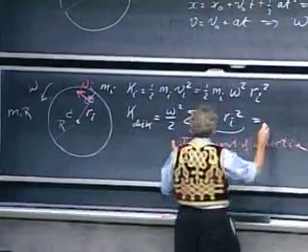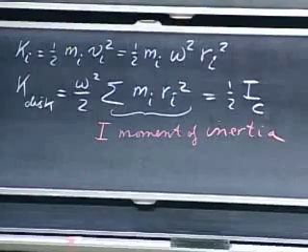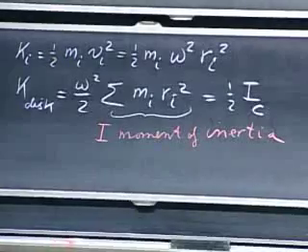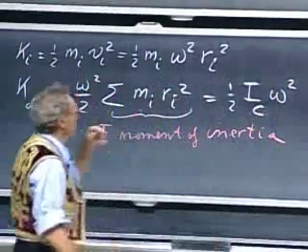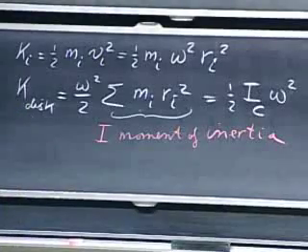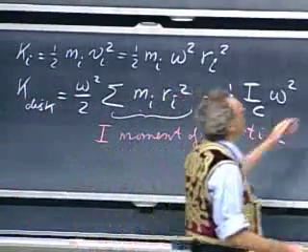So this can also be written as 1/2 I, and I put a C there, you will see shortly why, because the moment of inertia depends on which axis of rotation I choose, times omega squared. When you see that equation, you say, hey, that looks quite similar to 1/2 mv squared.